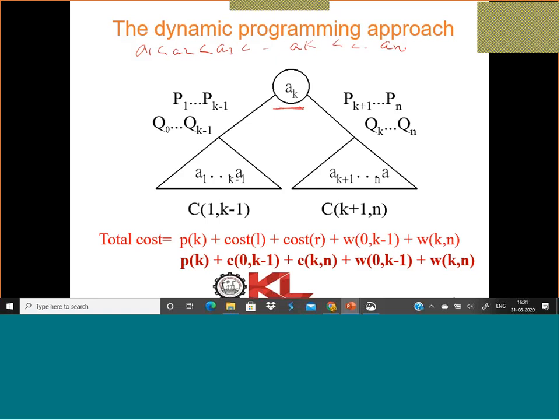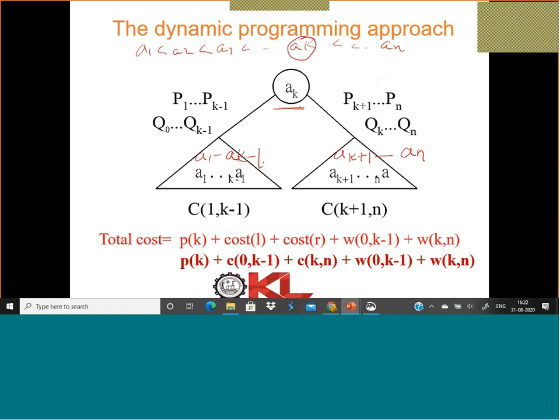So all the elements are sorted, so that we can divide the tree like this. If I choose A of K as the root element, the left subtree contains A1 to A of K minus 1, and the right subtree contains A of K plus 1 to A of N. AK is the root element.